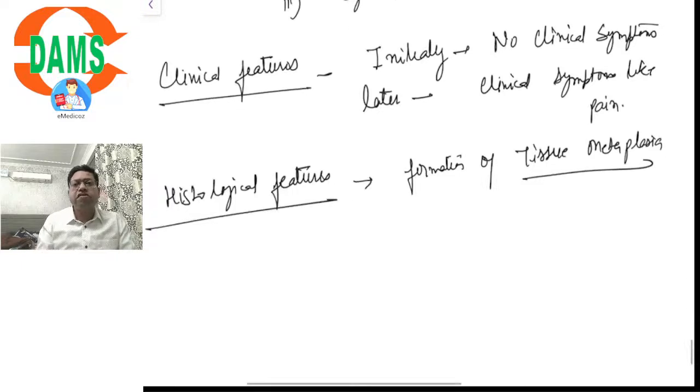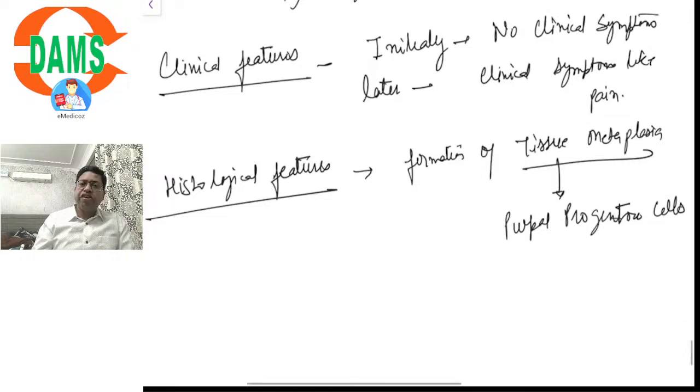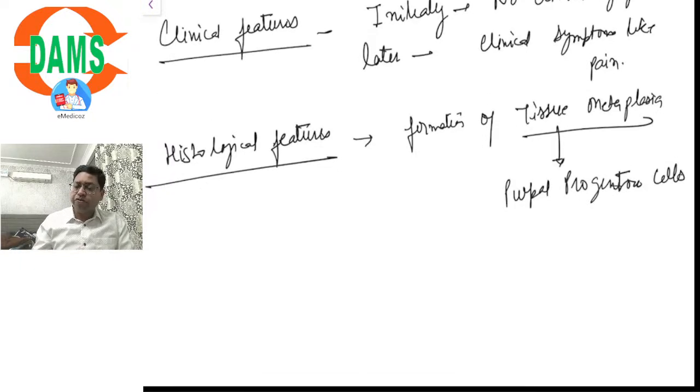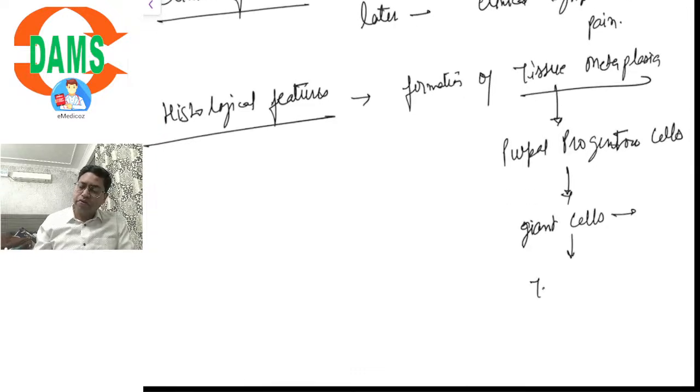What is tissue metaplasia? Transformation of the pulpal cells, pulpal progenitor cells, into giant cells that form tooth resorption.